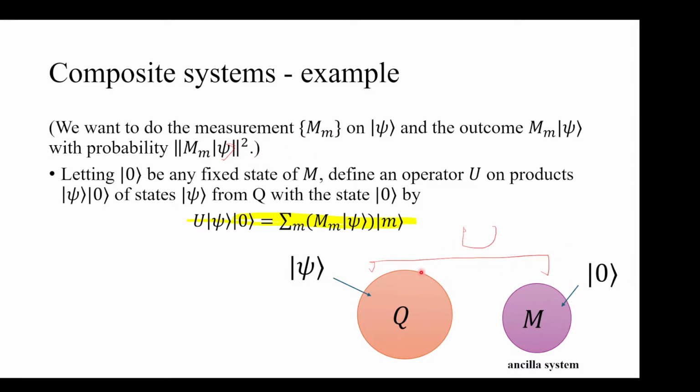Now back to our measurement. So we apply this U on our joint system with the psi tensor 0, and we'll get this state that we want: the summation of M sub m psi tensor small m.